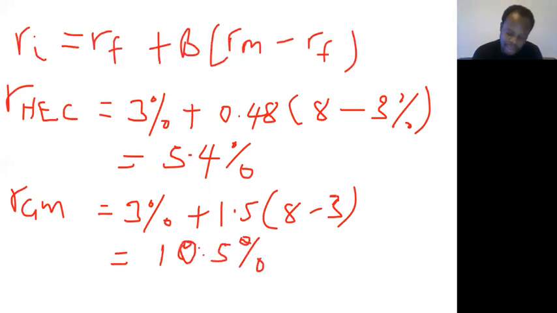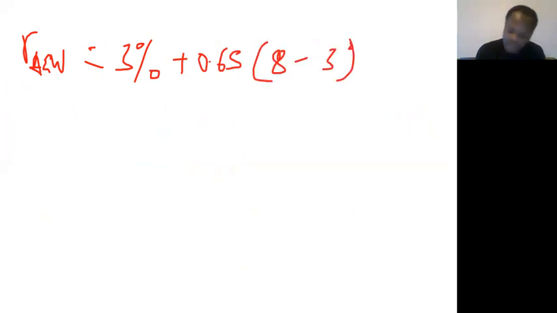So the next one that we are looking for is the return on AW, which equals 3% plus the beta we got to be 0.65, multiplied by the bracket RM, which was 8% minus 3%, and that gives you 6.25%. So that is for the A part.